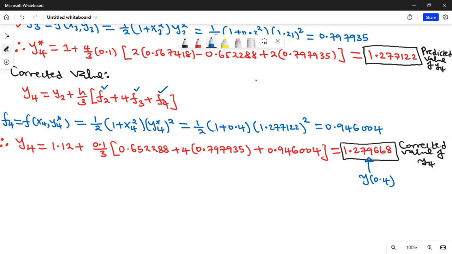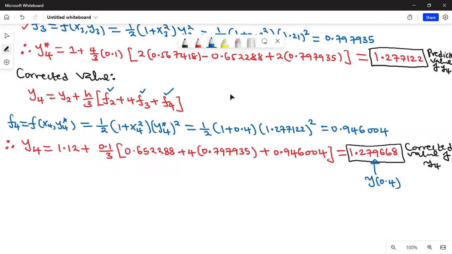Remember, if you want the value of y when x is 0.5, you proceed with the iteration now when n is 1, because that will give you y5. But you have not been asked to find that from the given question. So our answer is 1.279668, correct to 6 decimal places.